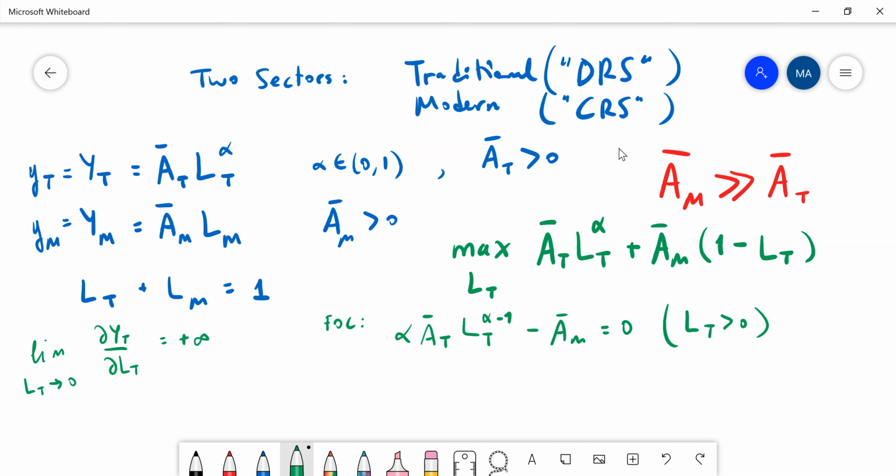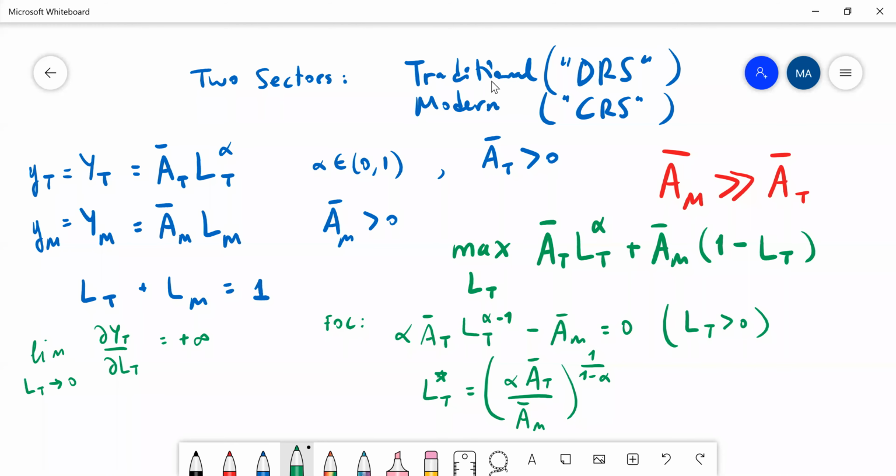So what did the result look like? Well, the optimal allocation looks like this: alpha A_T bar divided by A_M bar, to the power 1 over 1 minus alpha.